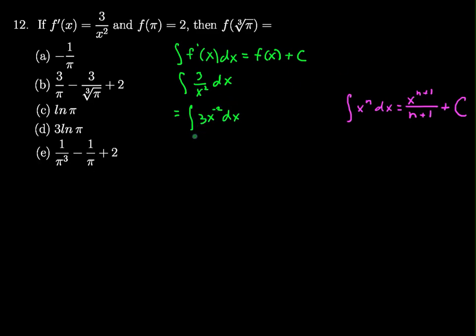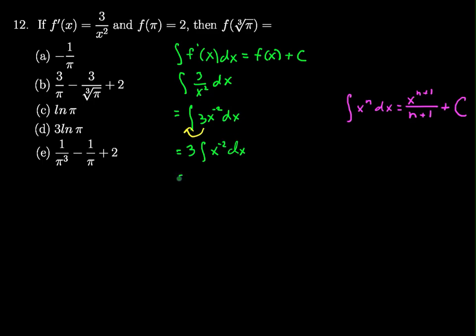The first thing I'm going to do, I'm going to bring this 3 out to the front. It's a constant. Don't need it inside our integral just to mess things up. So this will be 3 times the integral of x to the negative 2 dx. And now I'll do exactly what I showed right here. I'm going to add 1 to negative 2, which gives me negative 1.